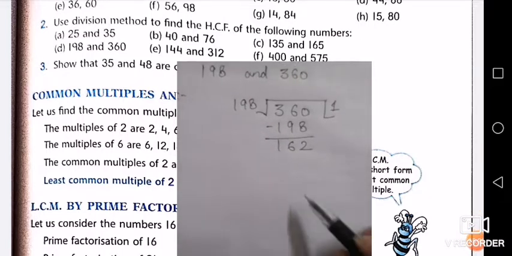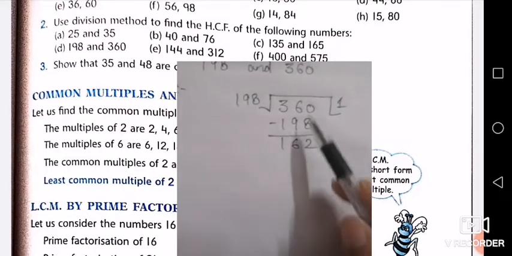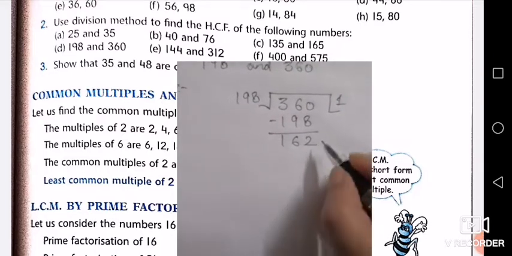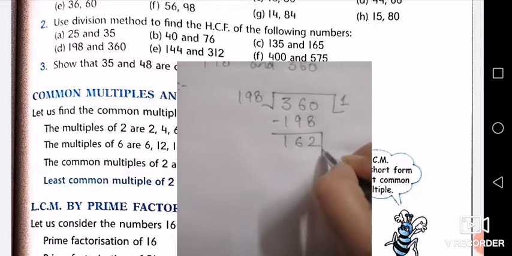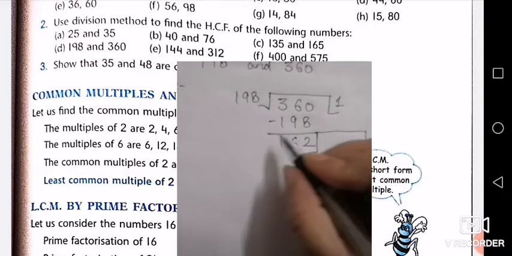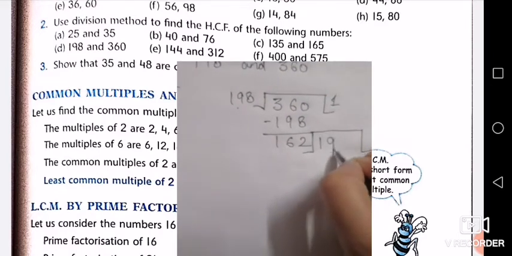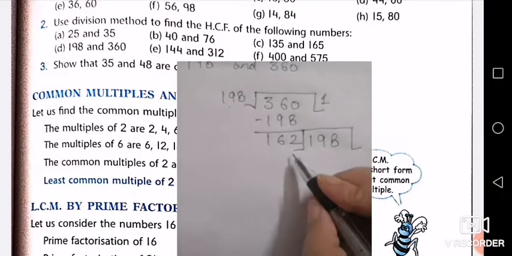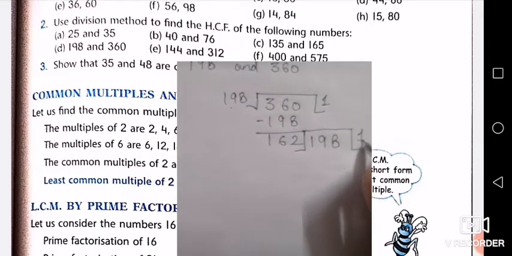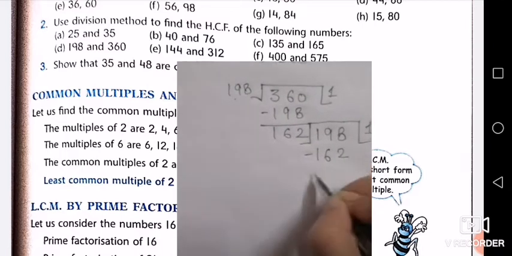So as you can see on the screen, you have got 162 as a remainder in the first step. So in the second step, you will use this remainder as a divisor, and the divisor of the first step will become your dividend in the second step. Again it will go 1 time, 162.